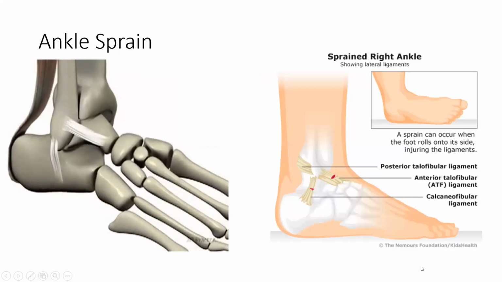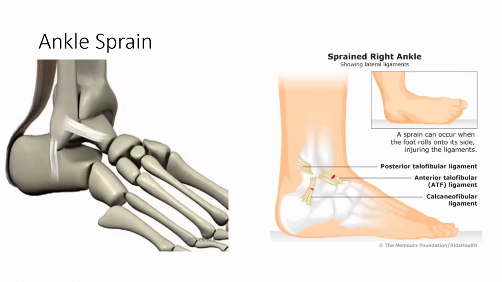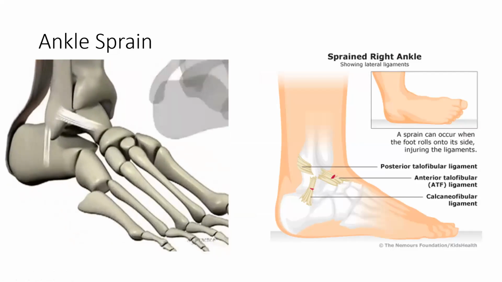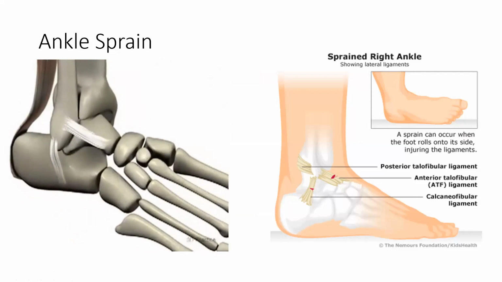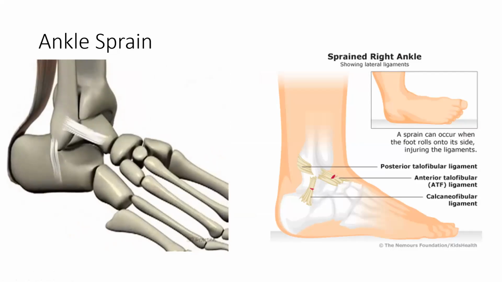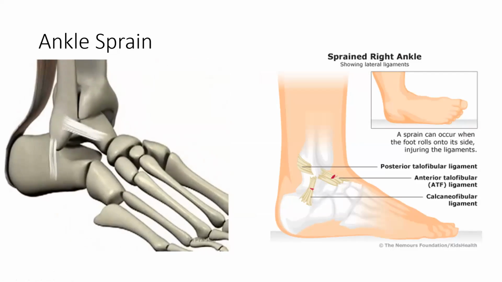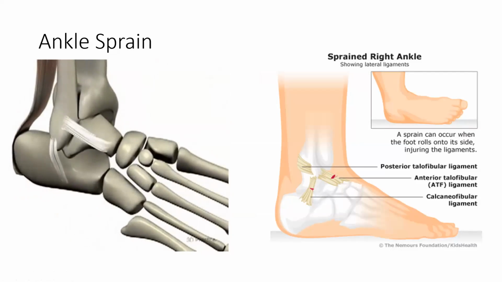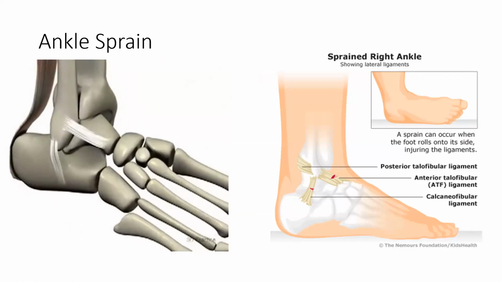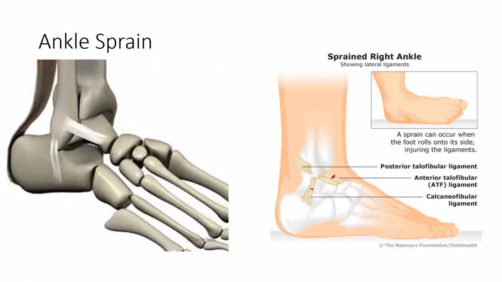When we injure the ankle, it nearly always involves a tearing or a stretching of the ligaments that attach the fibula to the talus or to the calcaneus, especially when the foot rolls over on its side. On its weak side, the outside of the foot is always the weaker side because the fibula doesn't have a lot of strength there.